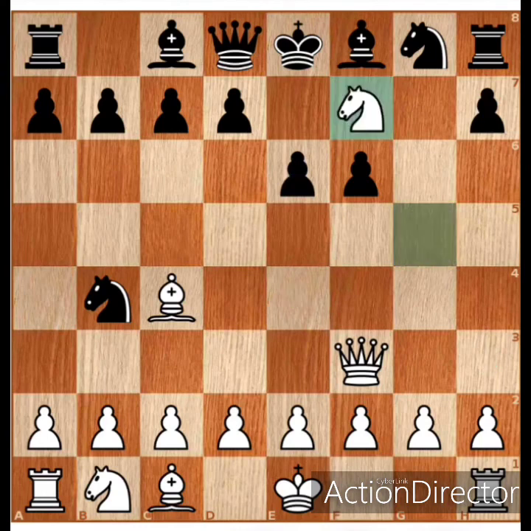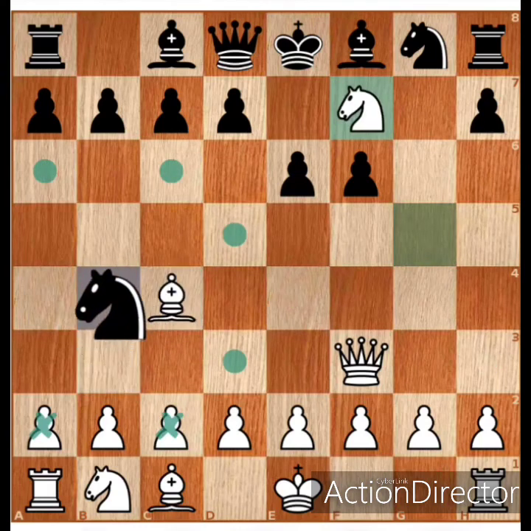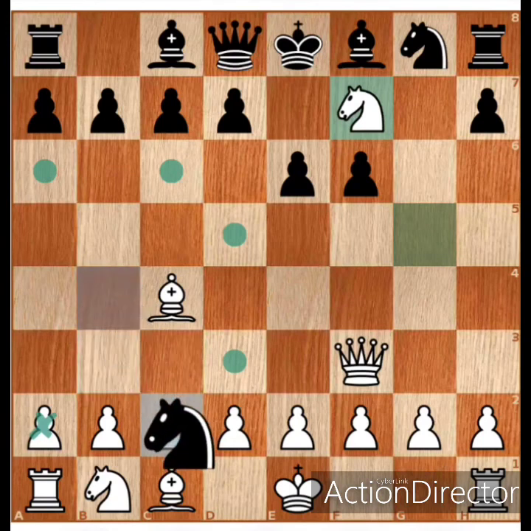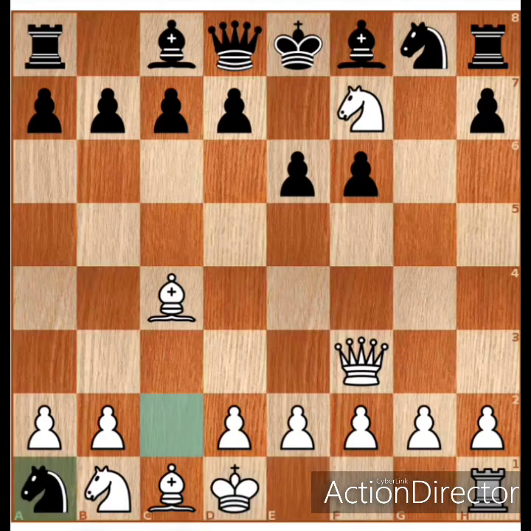Now here you can see the knight on b4 is coming to the c2 square. That is the check, so you need to move your king and the knight can capture the rook.